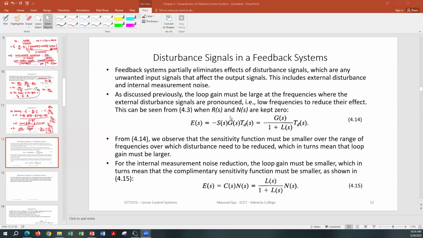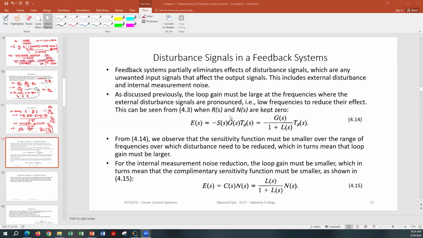Disturbance signal can be any unwanted signal, whether externally or internally to the system. And we discussed that the loop gain must be large at the frequencies where the external disturbance signals are pronounced, that is at low frequencies, so that we can remove the effect of the external disturbance.